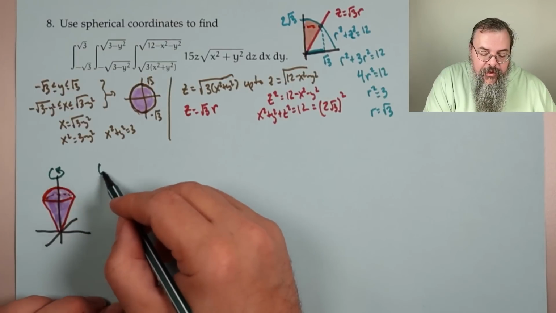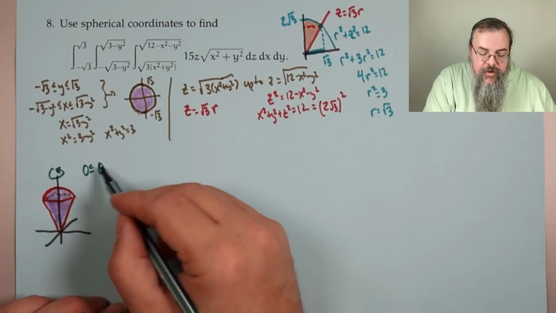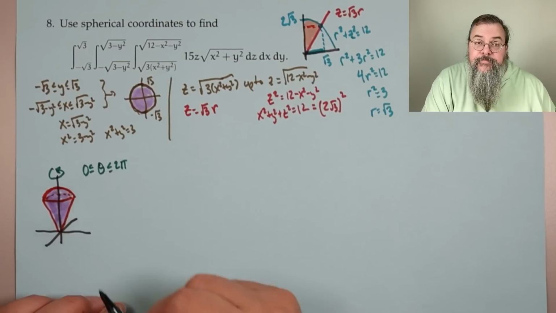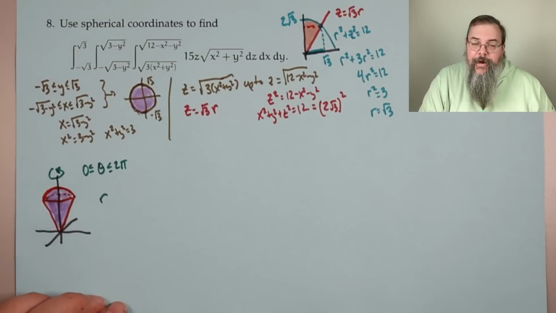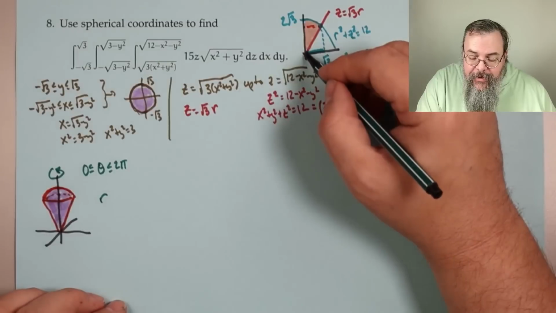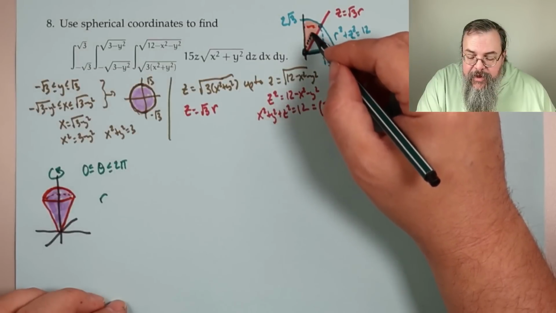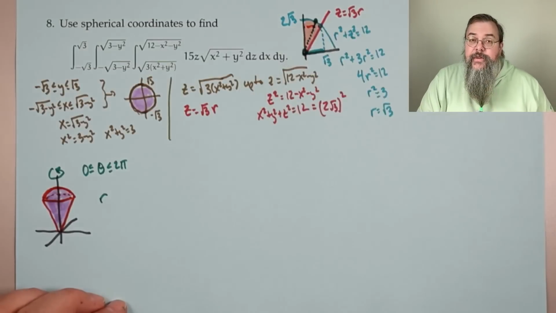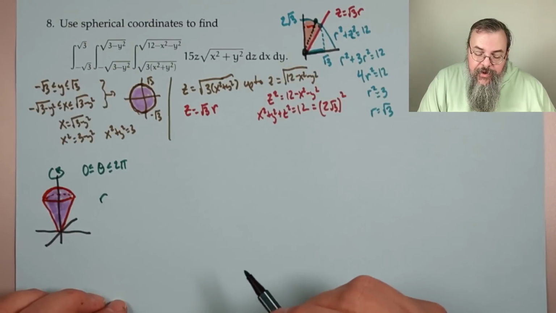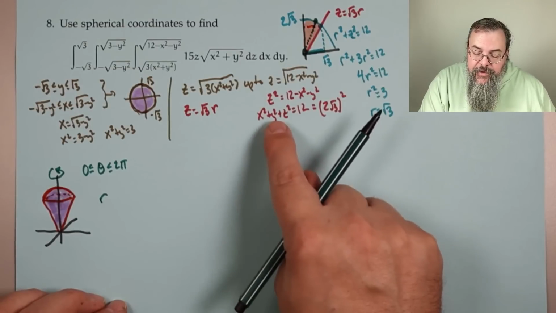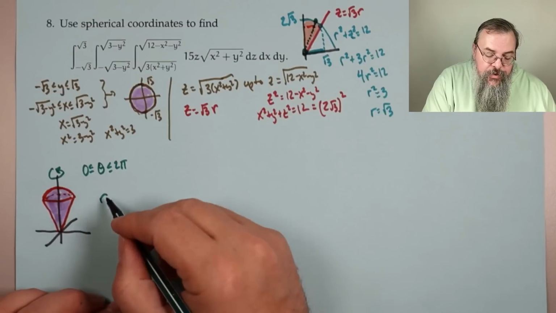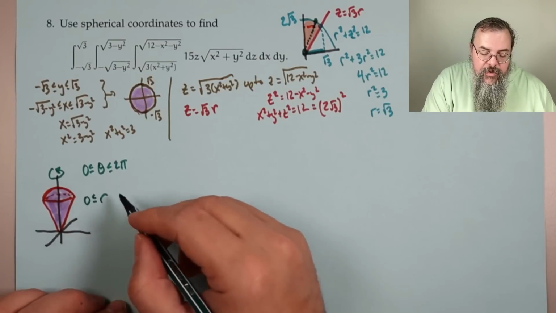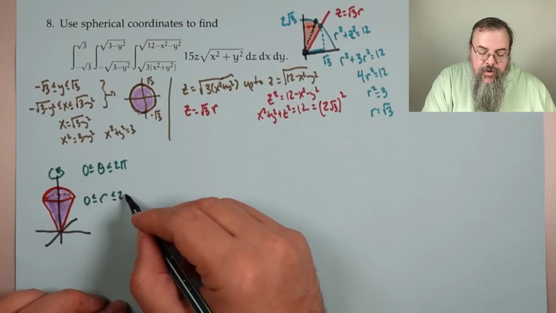So that tells us that theta goes between 0 and 2 pi. Now, I'm going to skip phi for a second because I want to do rho. Rho, you start at the origin and you keep going out until you hit the sphere. And what's the sphere? Well, the sphere is rho squared equals 12, or rho equals 2 root 3. So 0 less than or equal to rho, less than or equal to 2 root 3.